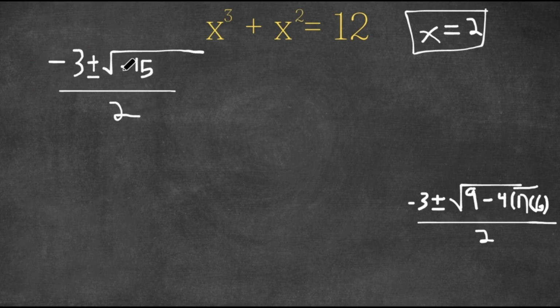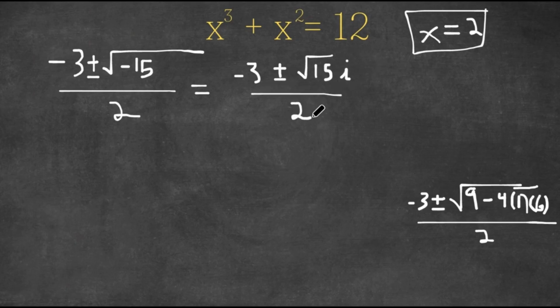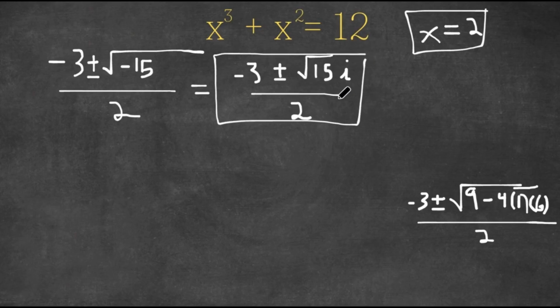Well, the square root of negative 15 is the same thing as the square root of 15 times i, because i is the square root of negative 1. And we still have this over 2. So this is actually our second solution, actually second and third, because this is plus or minus.